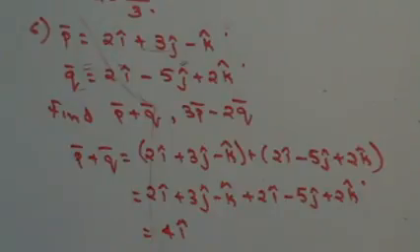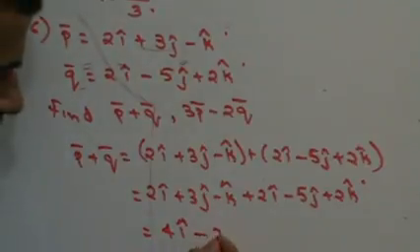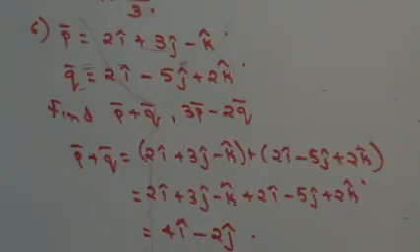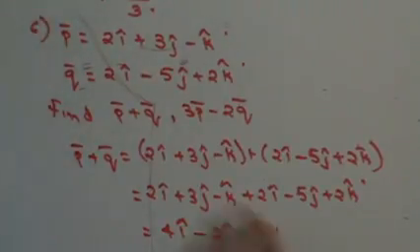Then 3j minus 5j is minus 2j vector, minus k plus 2k will give you plus k vector. So P vector plus Q vector will be 4i minus 2j plus k vector.